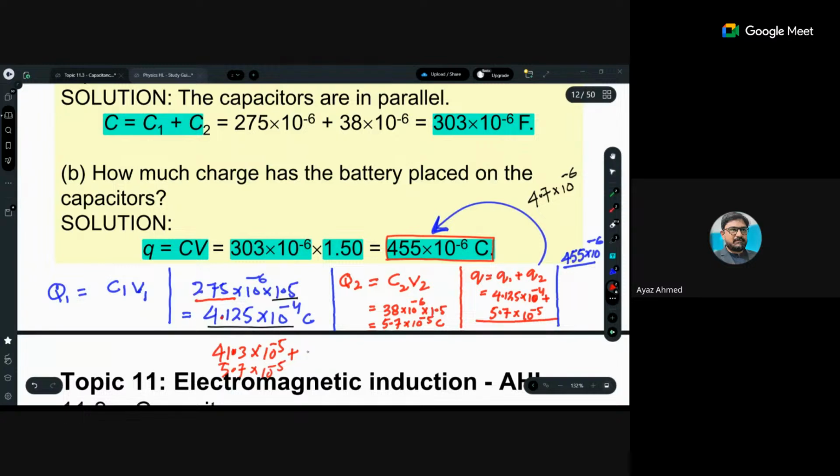So add them both. What do you get? 7 plus 3, 0, 5 plus 1, 6, and 4. Yes, 46.0 into 10 raised to the power minus 5.